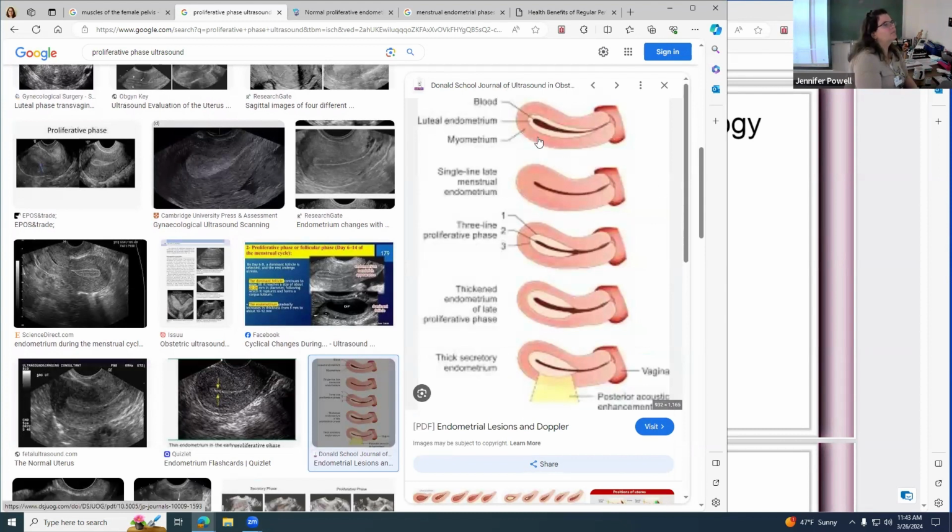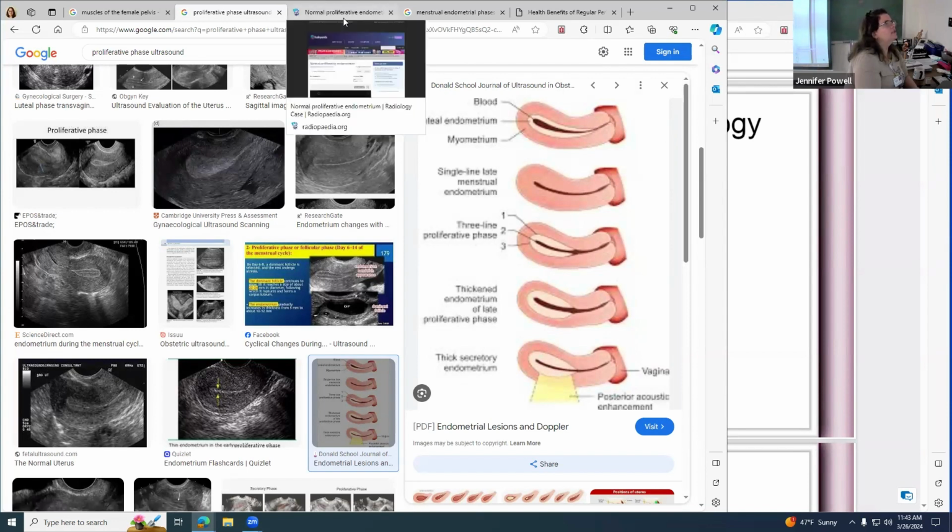So this 3-line proliferative phase, followed by the thickened endometrium of the late proliferative phase, and then the thickest at the secretory phase.